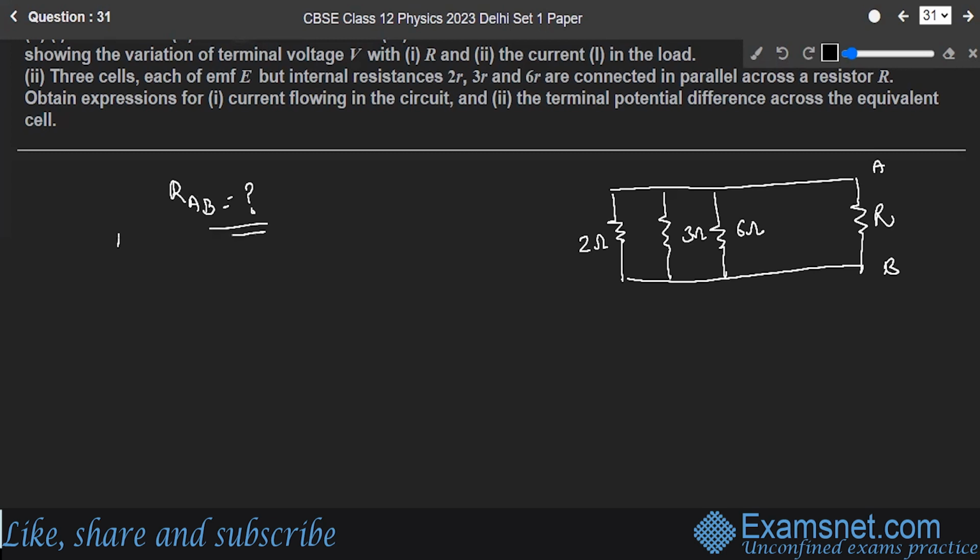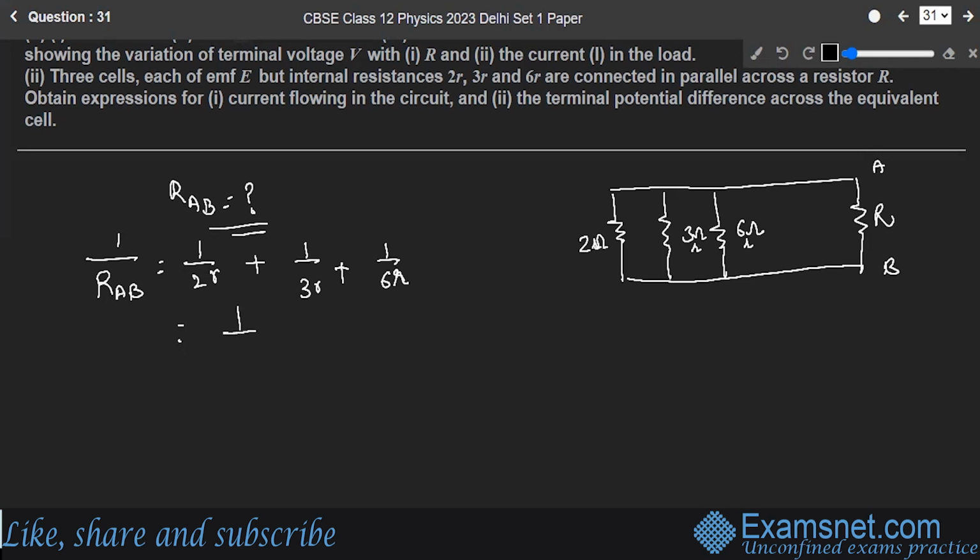r_AB first. Since they are connected in parallel, 1 upon r_AB is equal to 1 upon 2r, 1 upon 3r and 1 upon 6r.